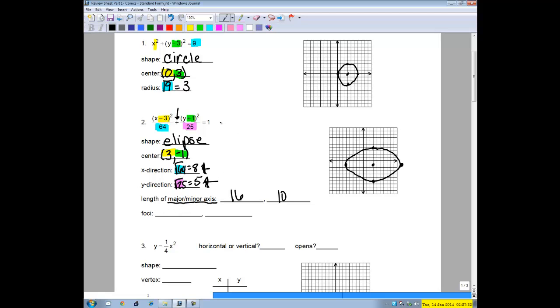Your foci is found, for ellipses, you subtract the denominators, and you always do the opposite of what's here. So since this right here is a plus, you're going to do the opposite, which means you're going to subtract. So 64 minus 25, which is 39.